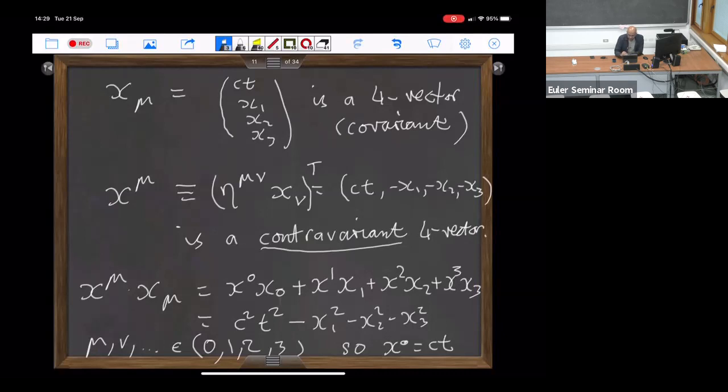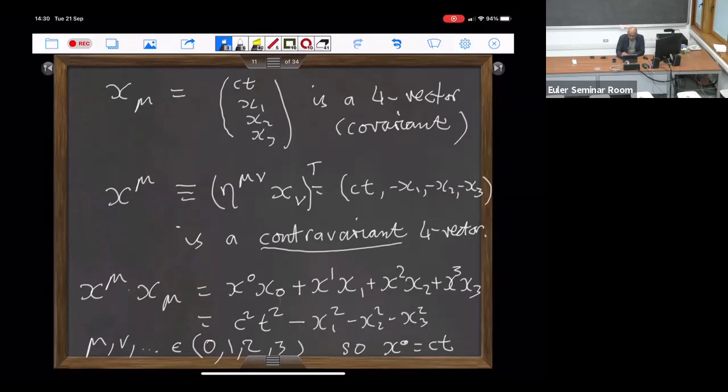So, where I'm taking the transpose, in the sense that if I multiply a matrix by a column vector, I'll get a row vector.